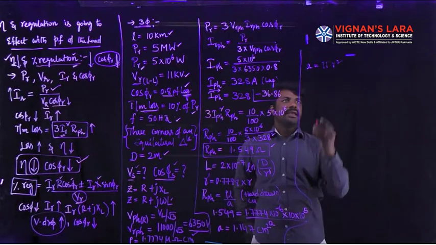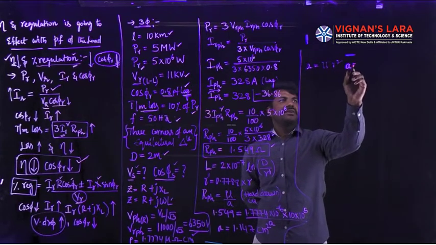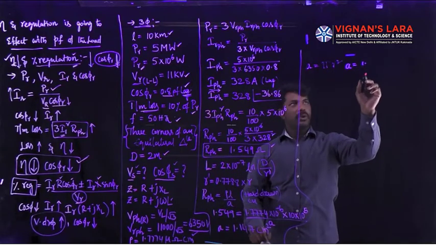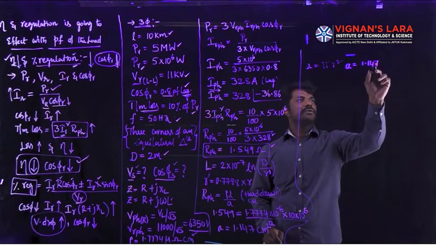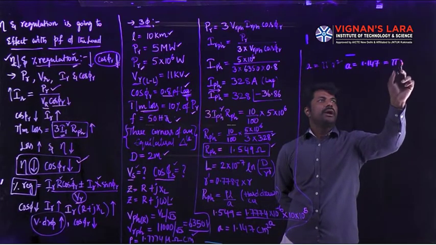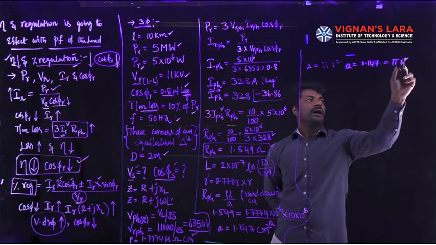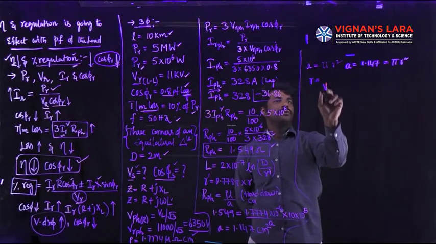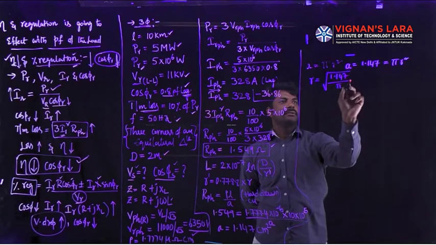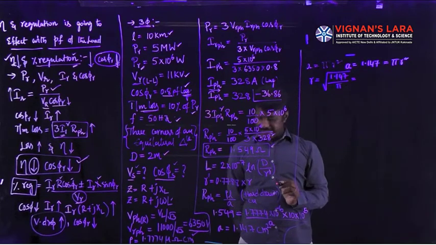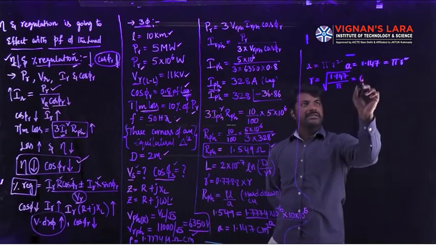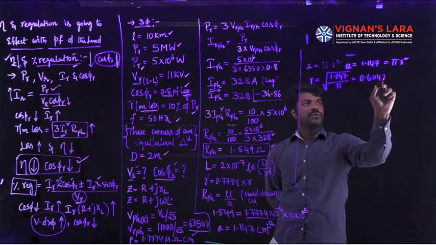The area obtained is 1.147 cm square, which is equal to pi r square. Therefore r is equal to square root of 1.147 divided by pi, where we will get this radius r in centimeters. The value of this r is 0.6042 centimeters.